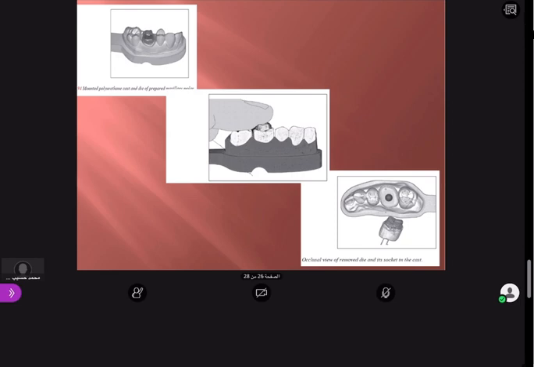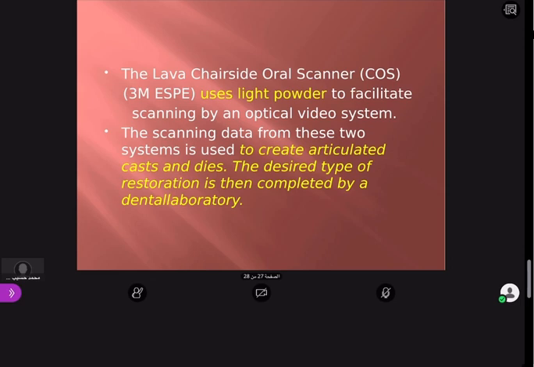So again, you see the pictures of the digital impression or digital cast. Now you see the dies are made, and on these dies the crown is made. The restoration is made. The Lava chairside oral scanner uses light powder to facilitate scanning by an optical video system.